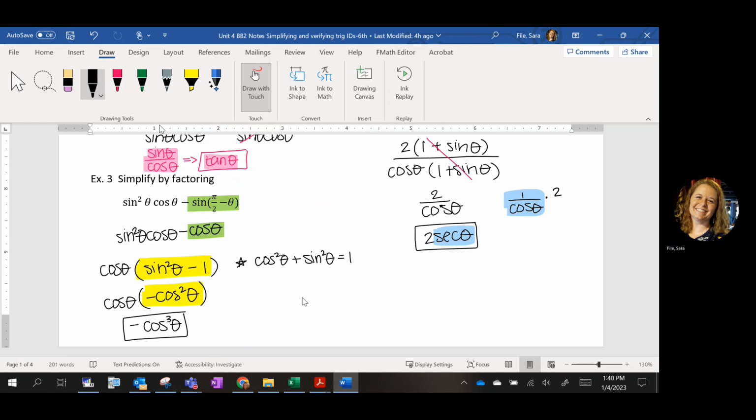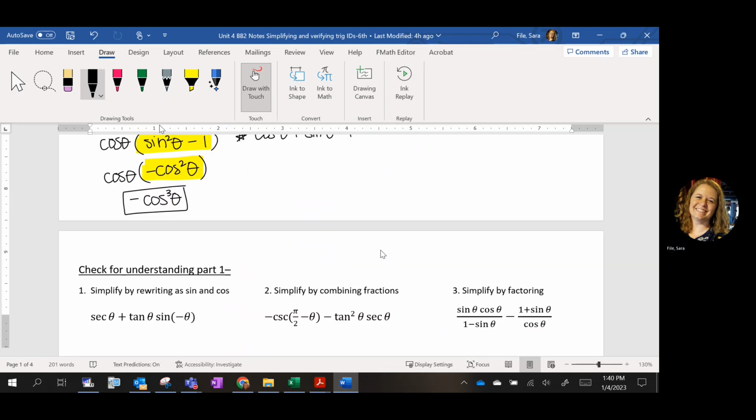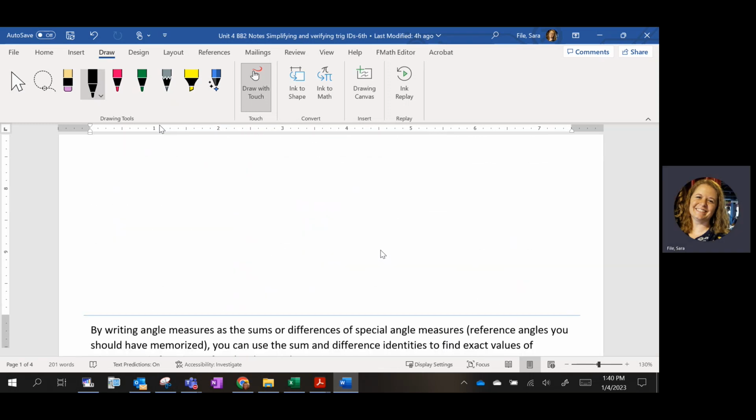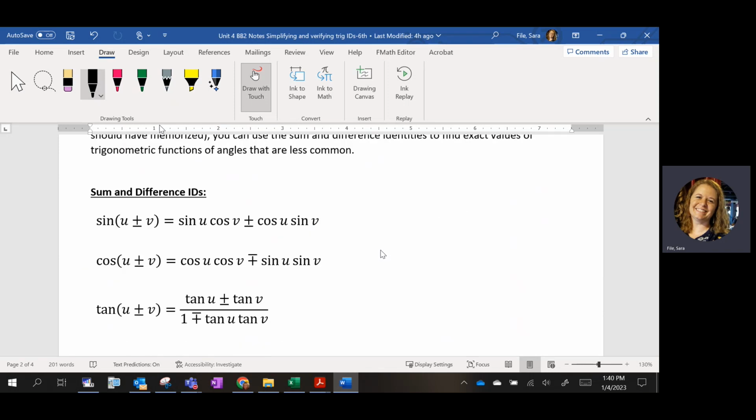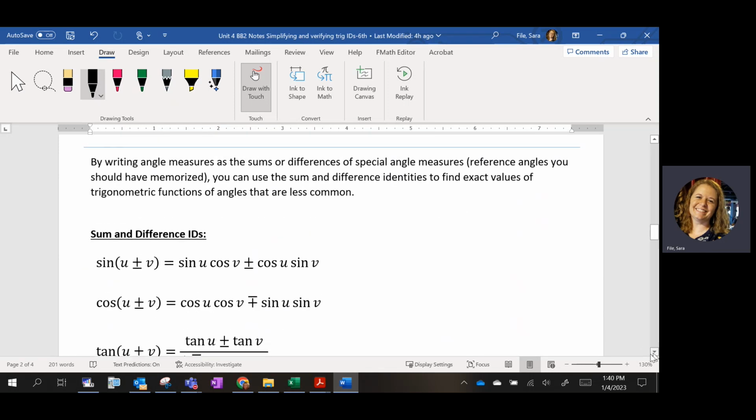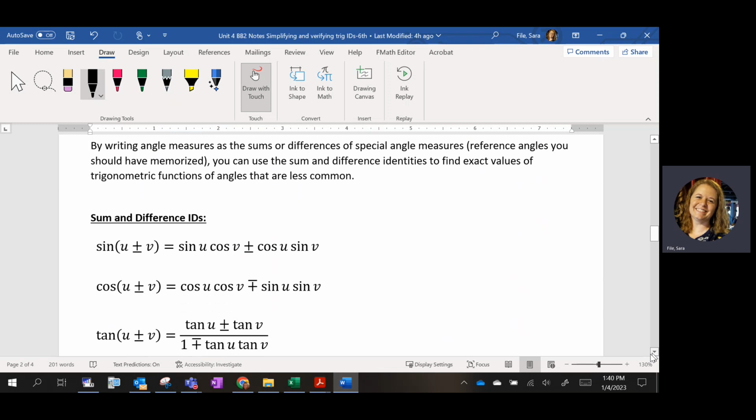All right. The check for understandings I want y'all to try on the back correspond pretty well to these 3 on the front. And then the last one we were supposed to look at today, we're not going to finish, is sum and difference. So we'll finish that up tomorrow.